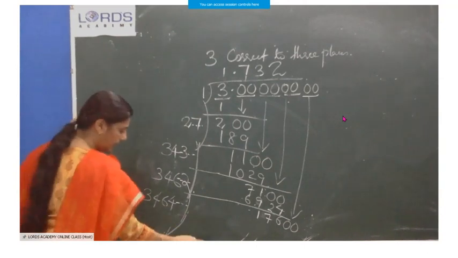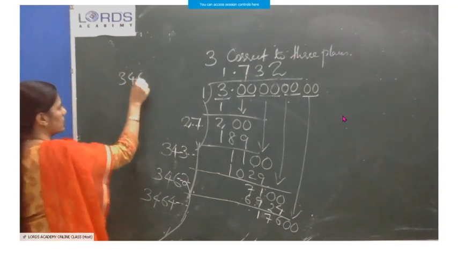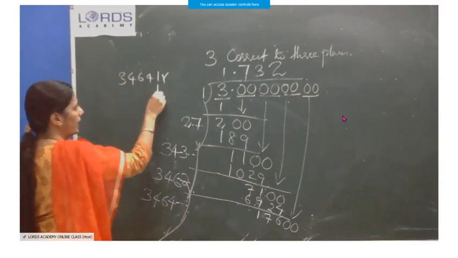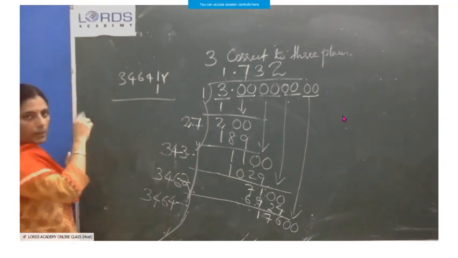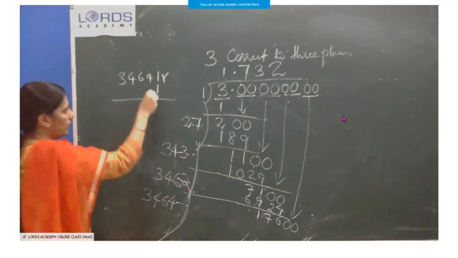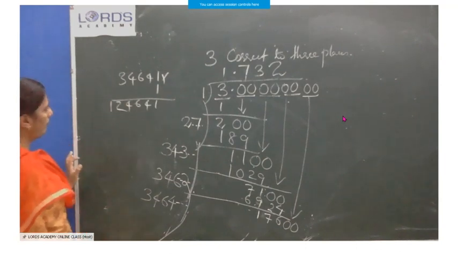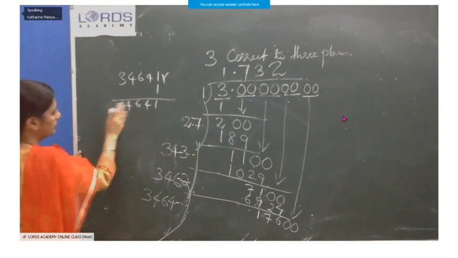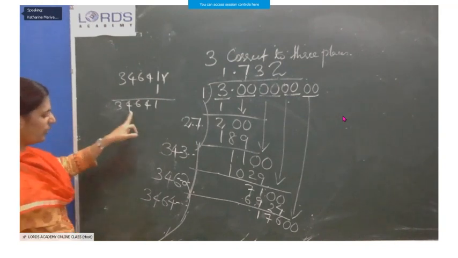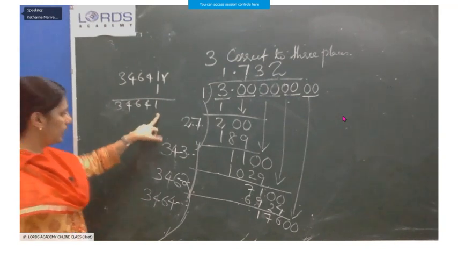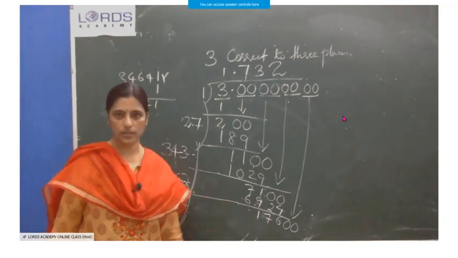Such a situation happened in the last problem also. 3, 4, 6, 4, 1 into 1. Minimum I have to take 1, no? So what are we getting? 34,641. But here it is 17,600.